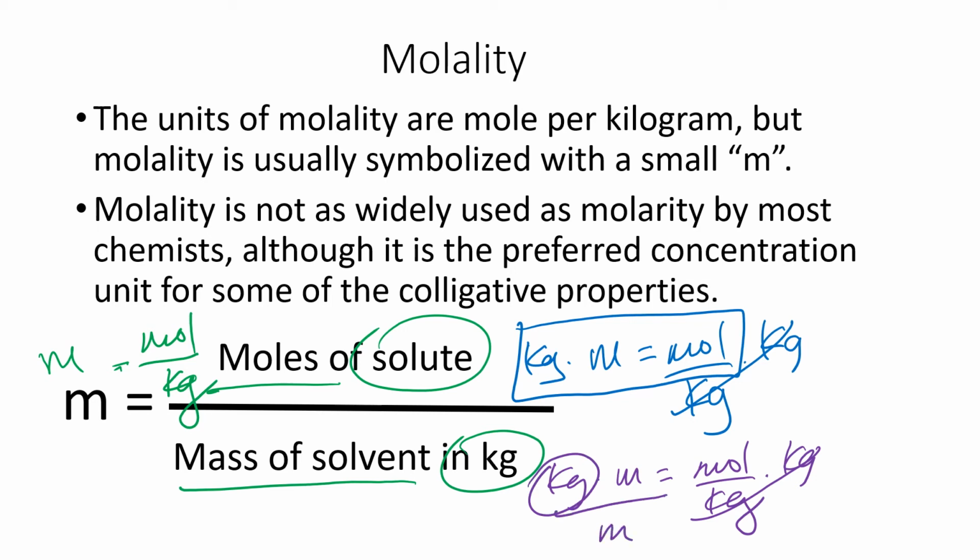So you end up with kg equals moles divided by lowercase m. That's if I want to solve for kg. Again, be careful. Be aware of your capital and lowercase. That's why I took off from your homework if it looked like a lowercase letter on your assignment.